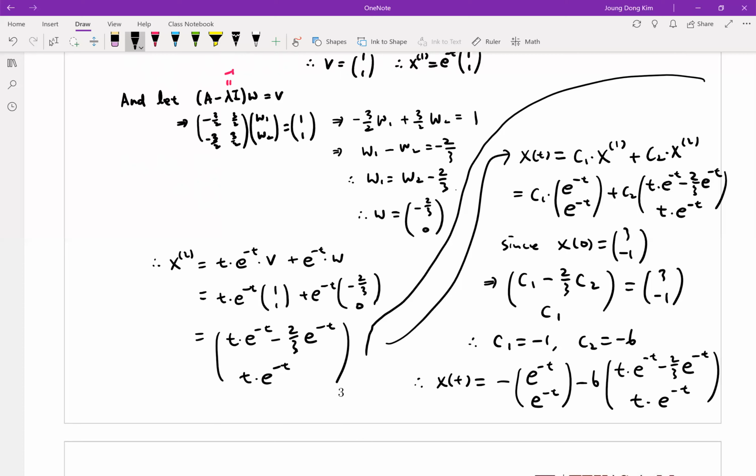Again, if you set up the fundamental matrix and followed the way that I explained in the previous video, you can definitely get the answer. But we don't have to do it that way. We can just set up a linear combination and find the coefficients, which is fine.